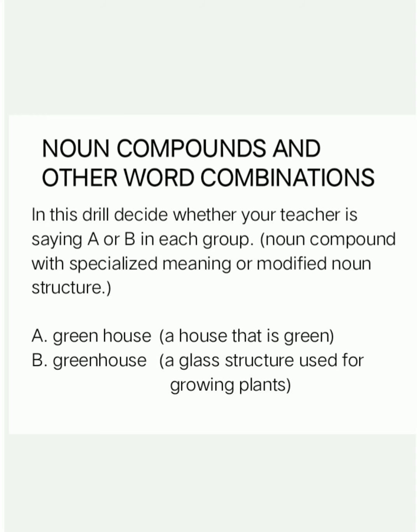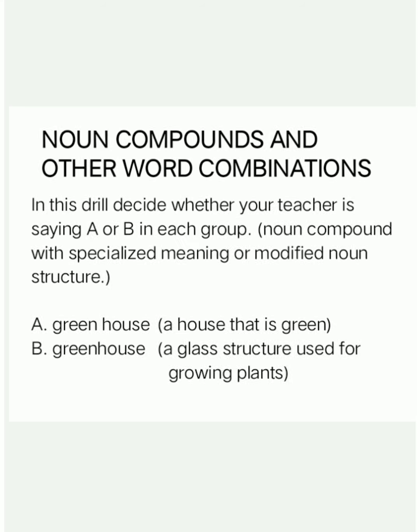In this drill, decide whether your teacher is saying A or B in each group. Noun compound with specialized meaning or modifier-noun structures. Here is an example. Number 1. A. Greenhouse: a house that is green.